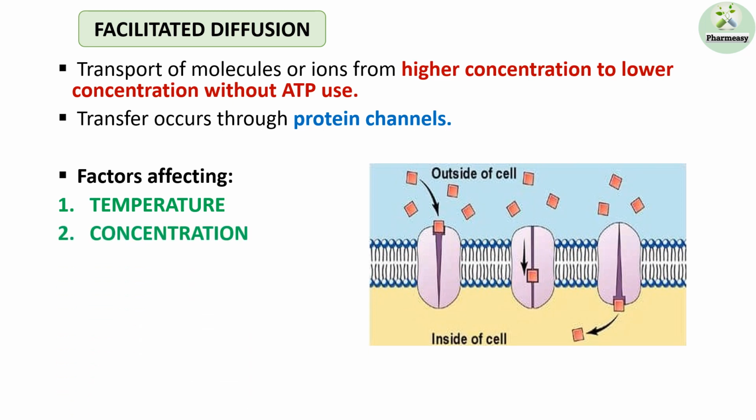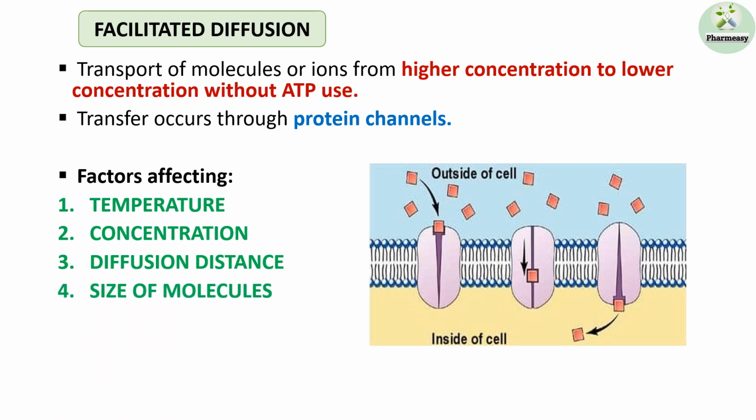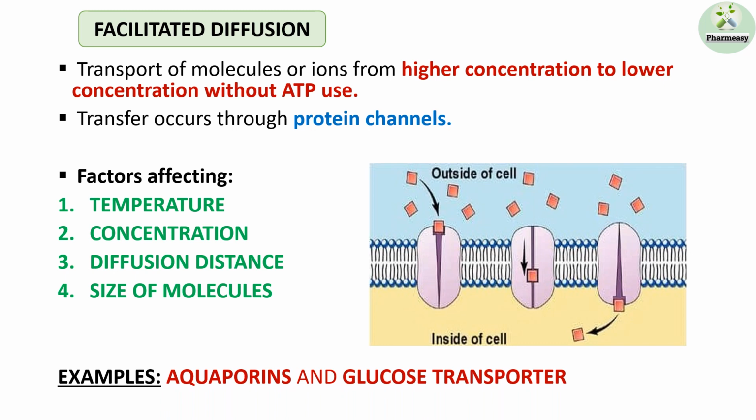Second is concentration. The movement of molecules takes place from the region of higher to lower concentration. Third is diffusion distance. Diffusion rate is faster through smaller distance. Last one is size of molecules. Small molecules are lighter and hence diffuse faster than larger molecules. Examples are aquaporins and glucose transporter.